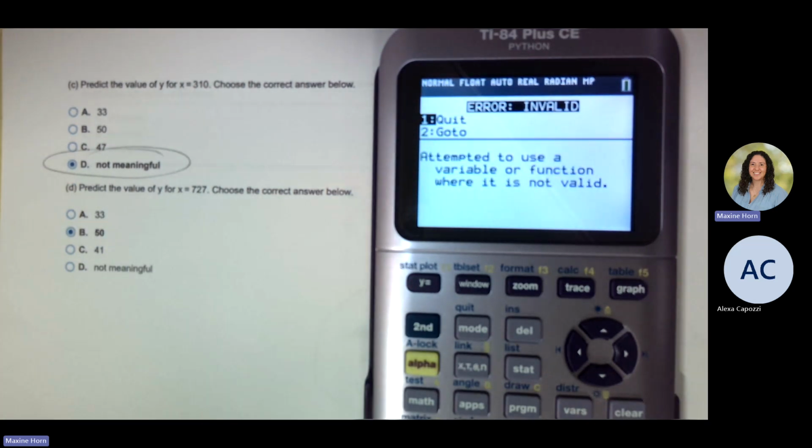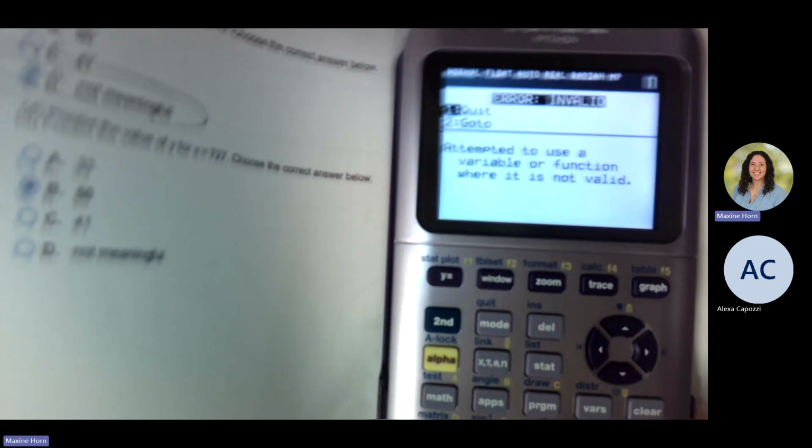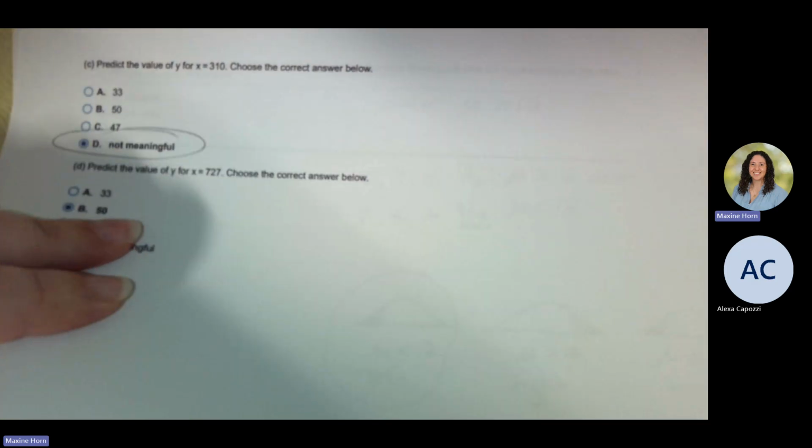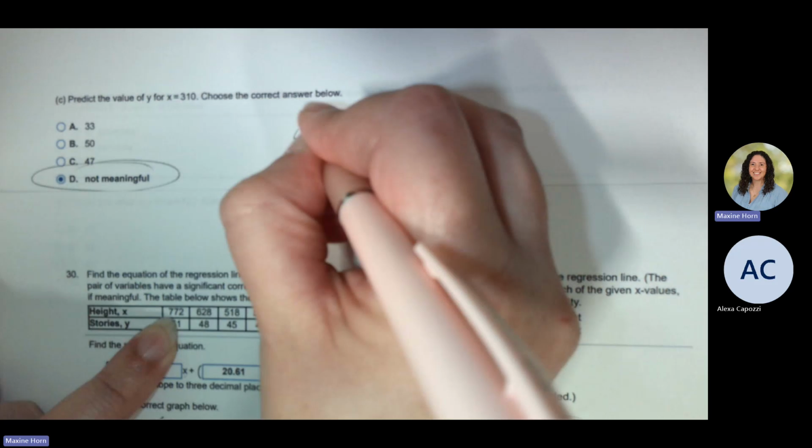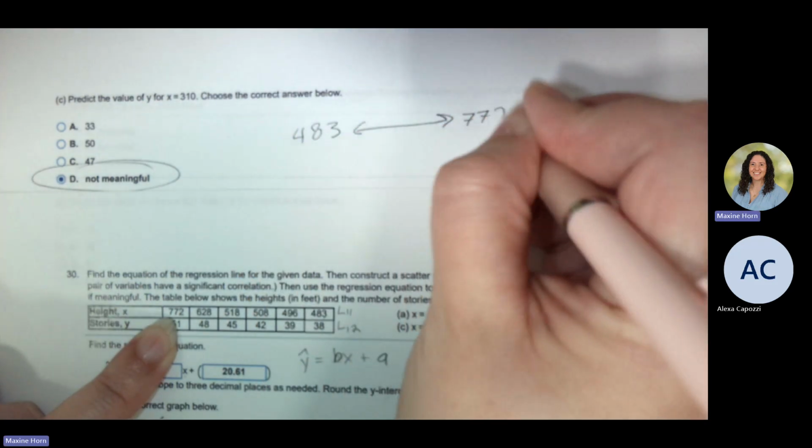Now, why is this not meaningful? I just moved the thing away, but the reason that it is not meaningful is that if you look at your original data set, the lowest value here was what, 483? And the highest for the X's, the highest value was 772. So the lowest I can go is 483. The highest I can go is 772.